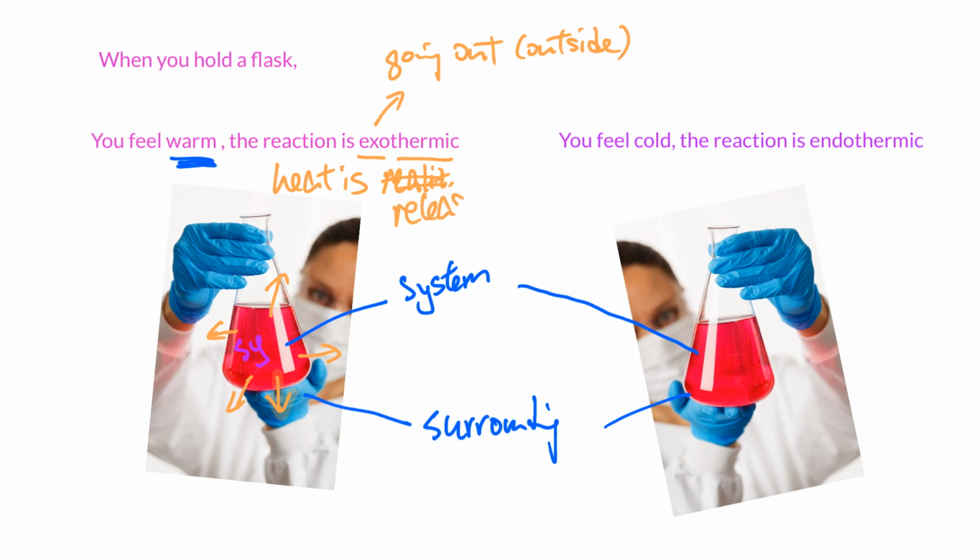But on the other hand, if you feel cold in the process, that means some energy is being absorbed from your hand, the surroundings, into the system. In this case, we say that the reaction is endothermic. Endo means inside. That means in the process, heat is absorbed.